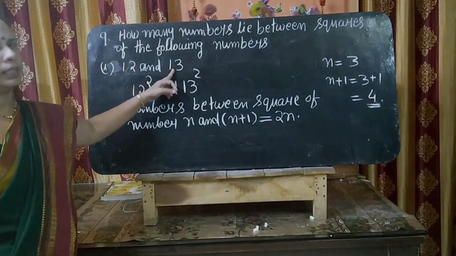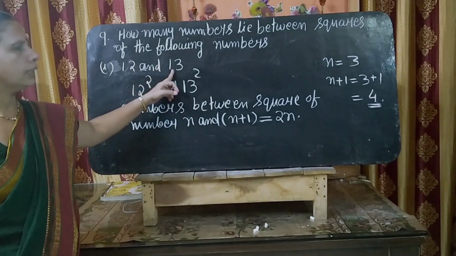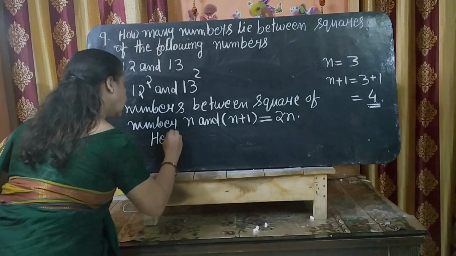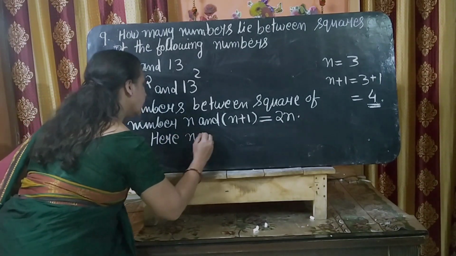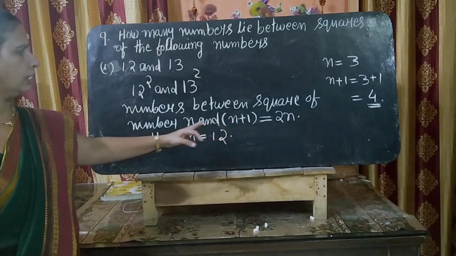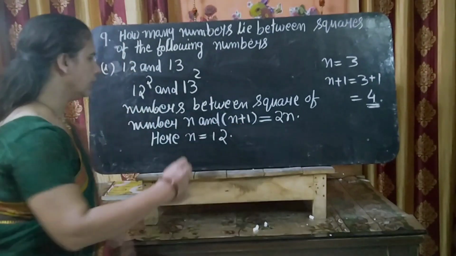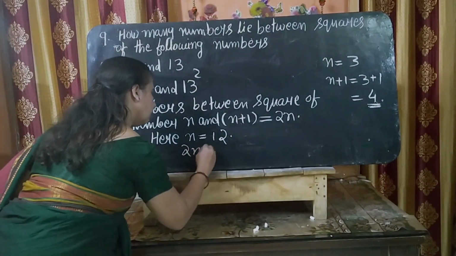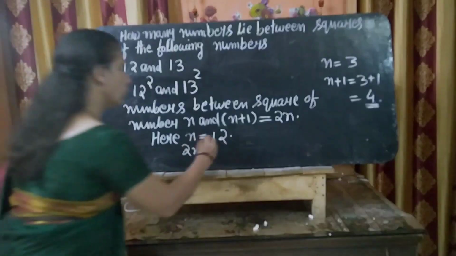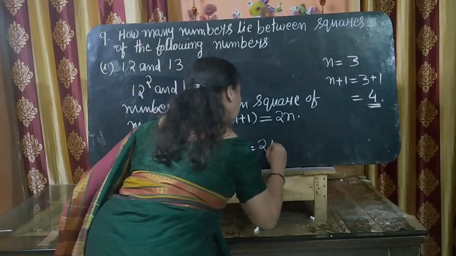In 12 and 13, the first number is 12, that is n. Then 13 is n plus 1. Here n is equal to 12. Our method is: numbers between the squares of n and n plus 1 equals 2n. Then 2n equals 2 into 12, that is equal to 24.